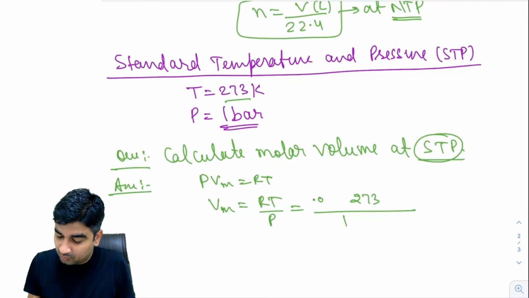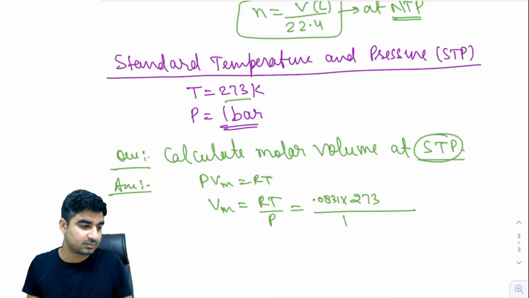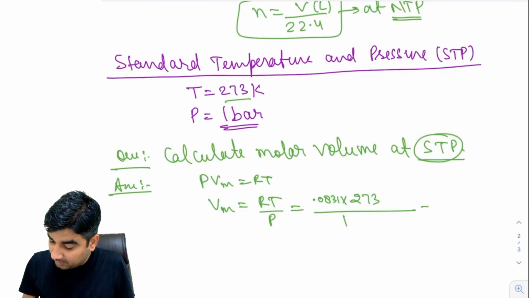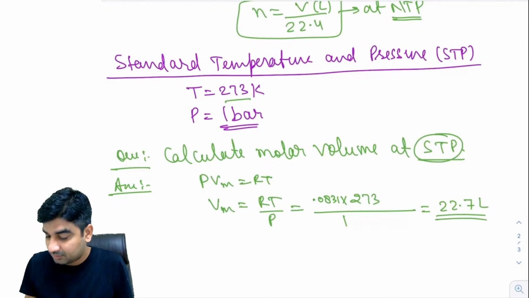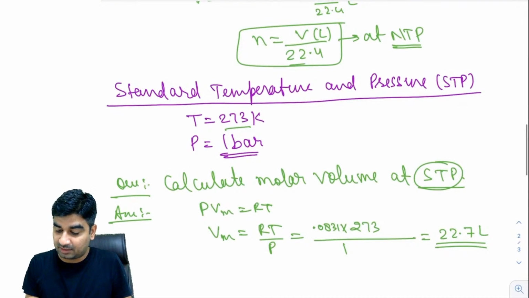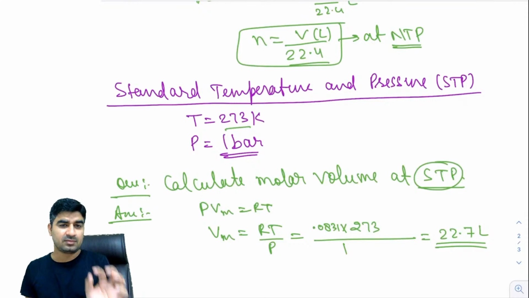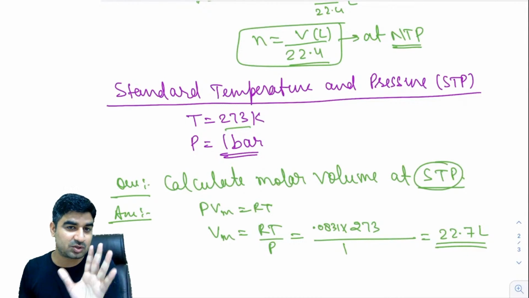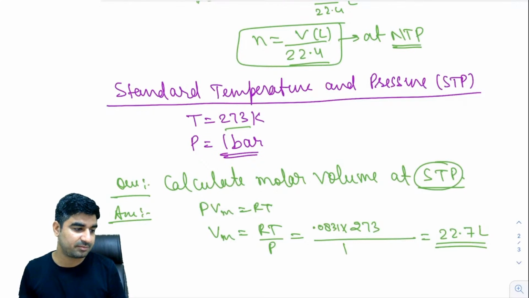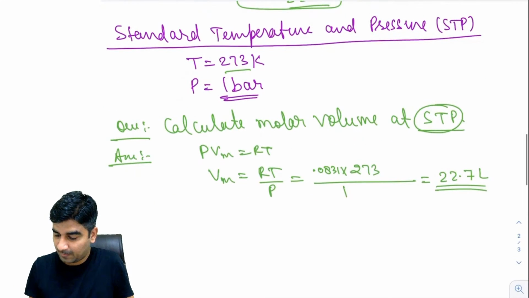So the value of R I have to take is this. In this case I am going to get 22.7 liter. It is slightly higher than 22.4. So STP and NTP are two different things. Most of the places they are taken as the same. That is wrong. So now the molar volume is this.